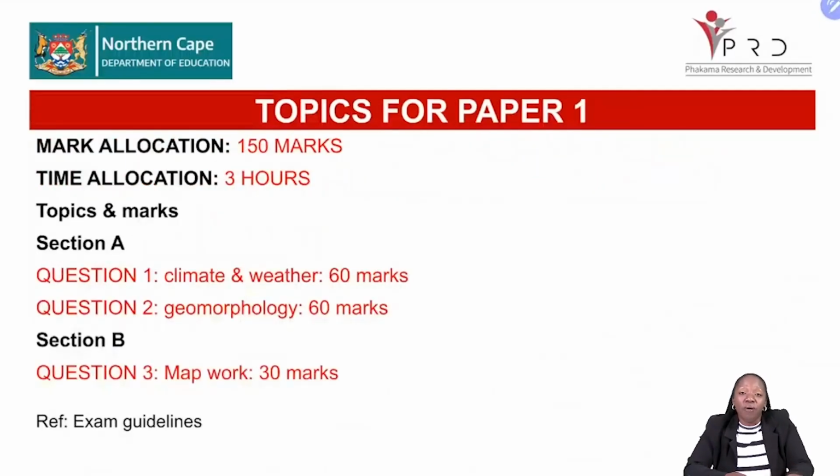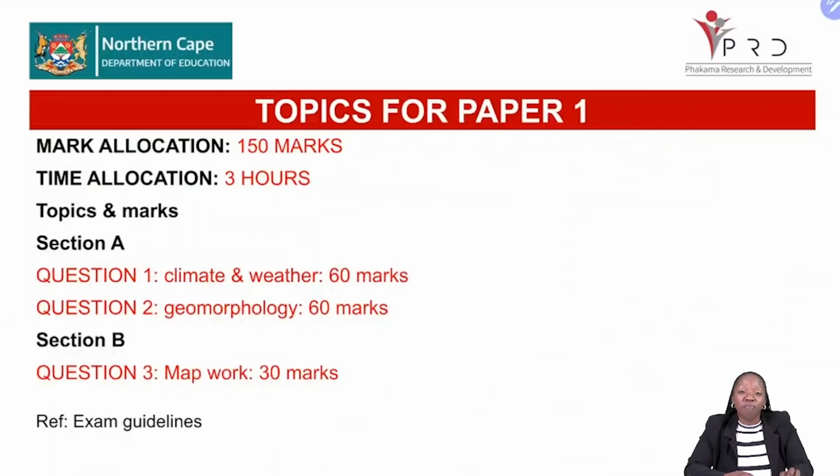For your paper 1, as we are saying, by the end of this lesson you should be able to identify the structure for your paper 1. Number 1, the mark allocation for your paper is 150, and the time allocation or the duration of the paper is 3 hours.